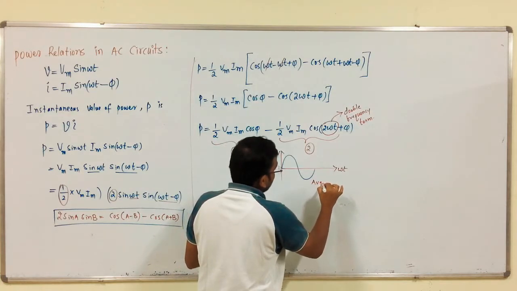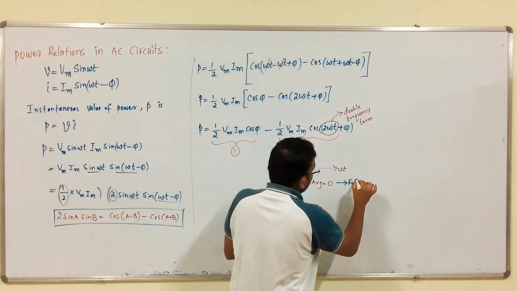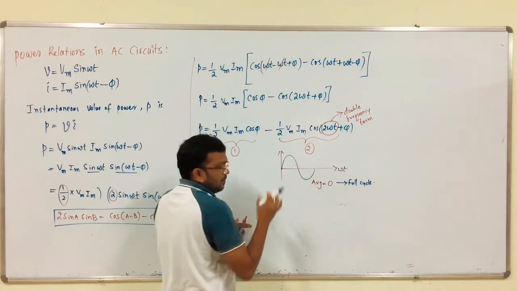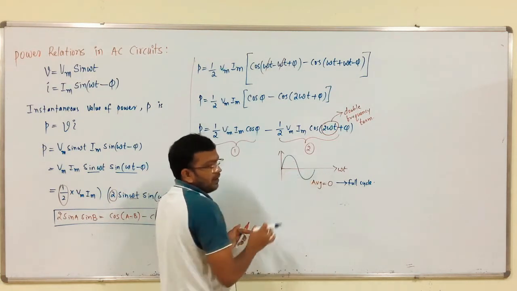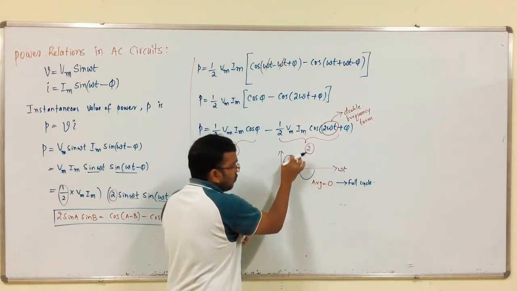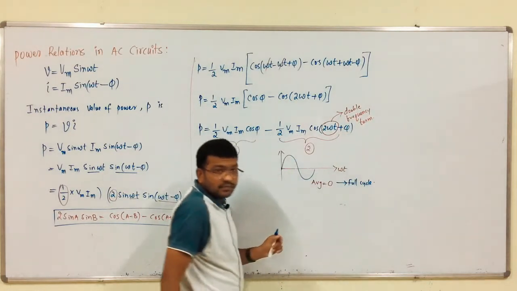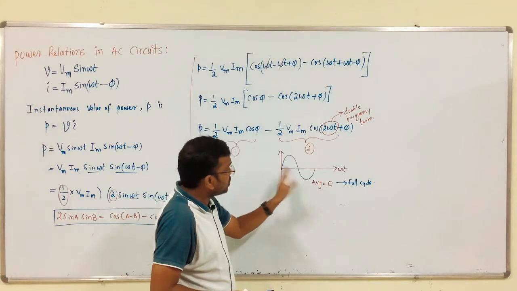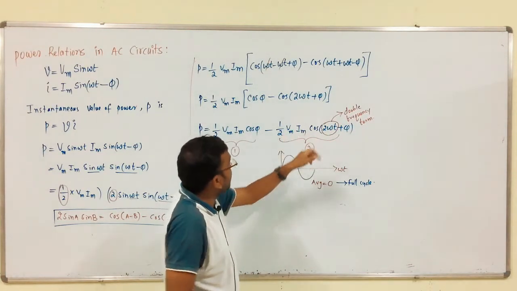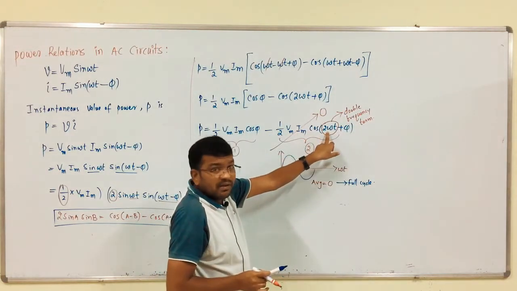The average value over a full cycle is 0. Omega t, 2 omega t is nothing but the double frequency term. So if we consider a full cycle, what is the average value of this sinusoidal response over the full cycle? 0. So finally, this total value is 0, because we have the double frequency term here.